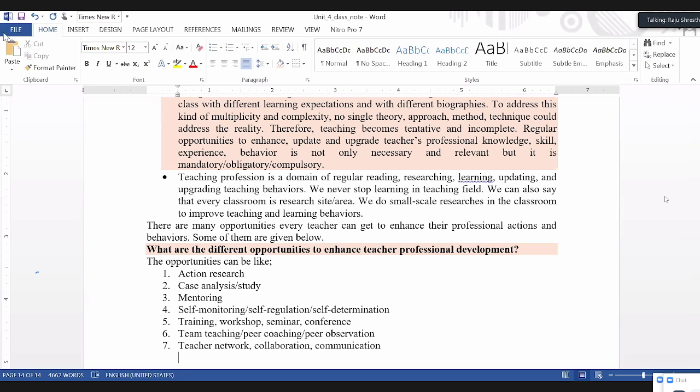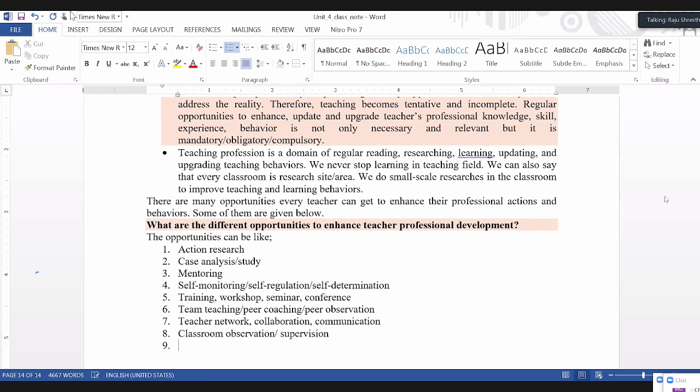So there are many opportunities we can use to enhance teacher professional development. Chat box, learning portals, mentoring, what, supervision? Yes, supervision also you can do. Classroom observation, then supervision. Supervision we can do.